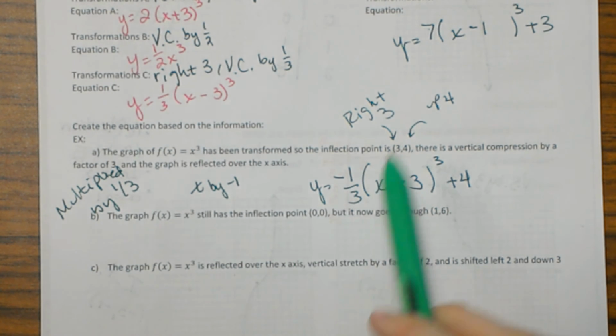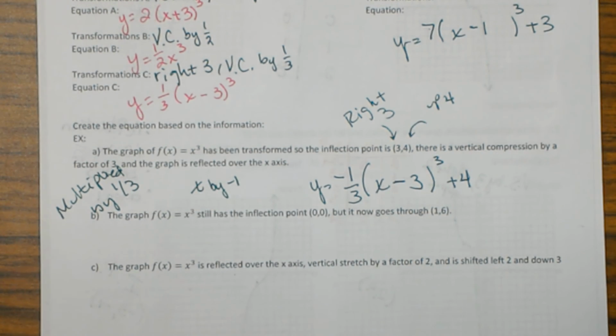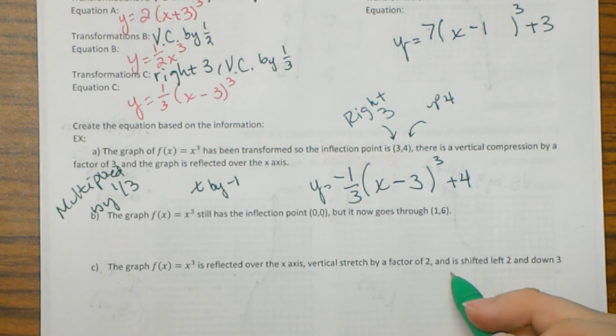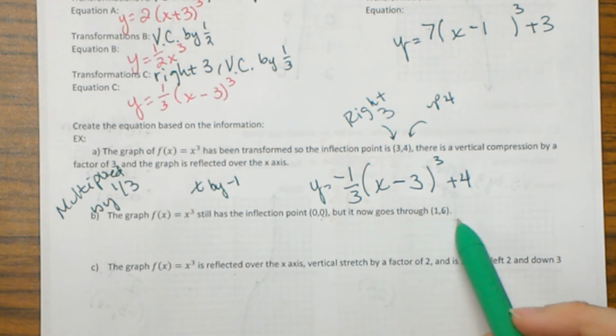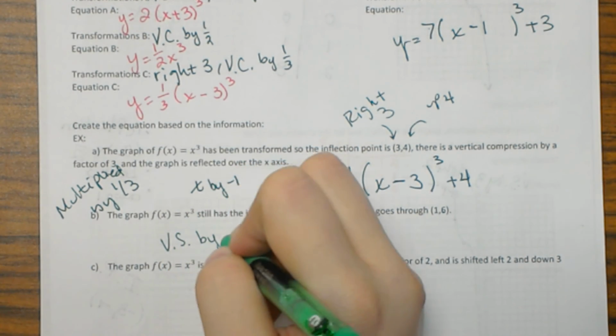So B is kind of like B from the graph, where I was kind of confused between the 6 and the 7. The difference in your y value tells you your vertical stretch. So the difference here from 0 to 6 is a stretch of 6.